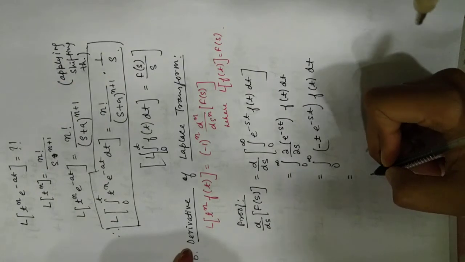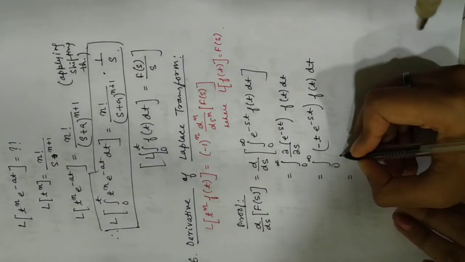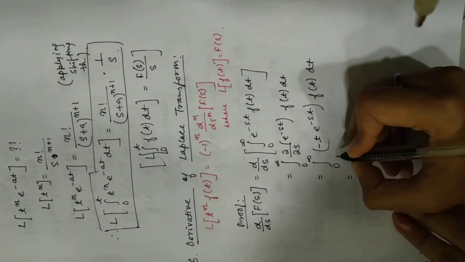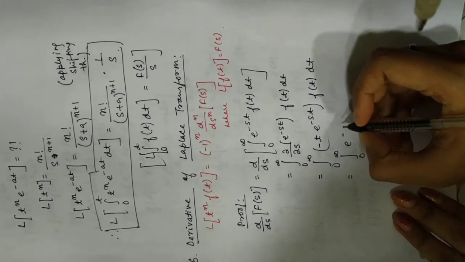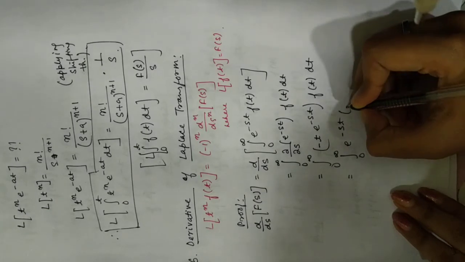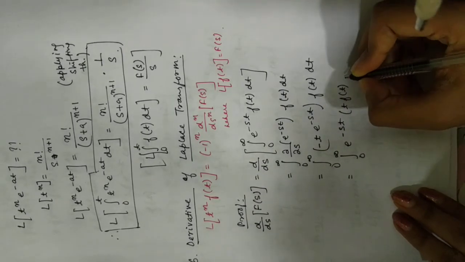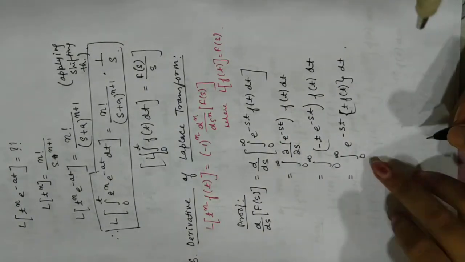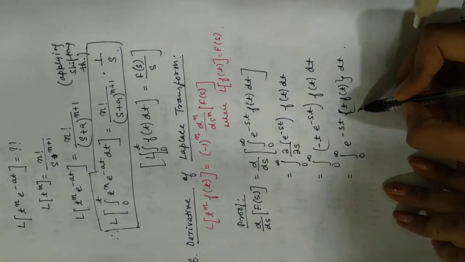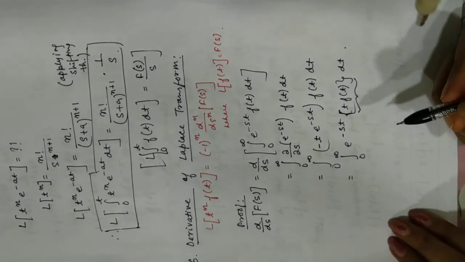So what we have is the integral from 0 to infinity of e to the power minus st t f(t) dt. So now this expression is nothing but the Laplace transform of t f(t), right?